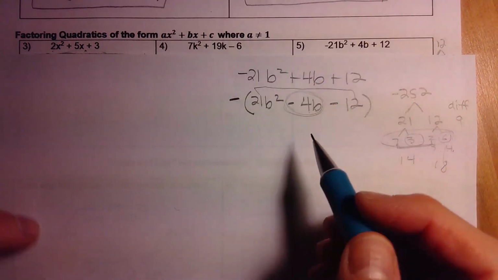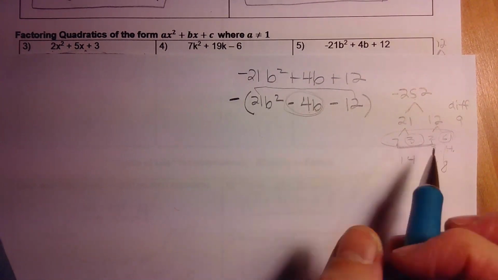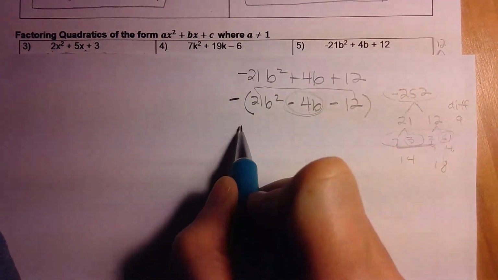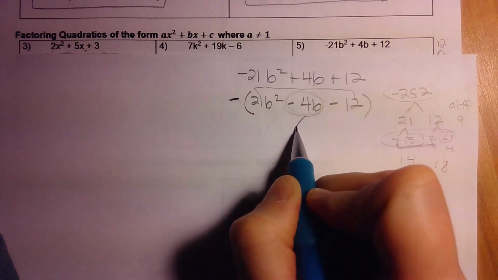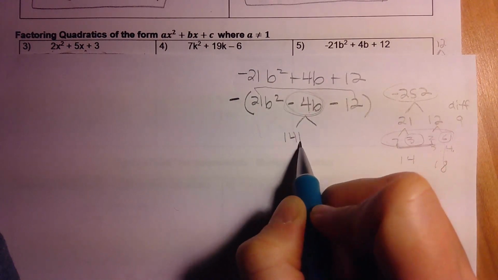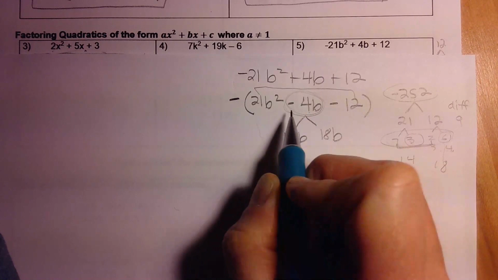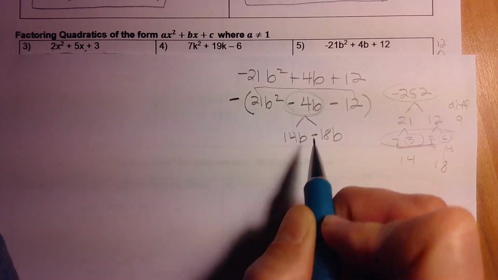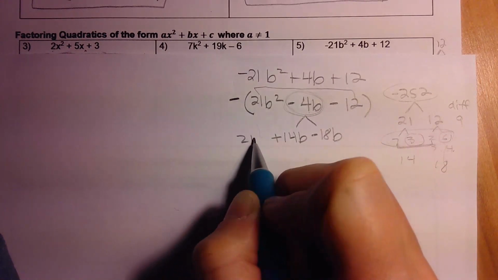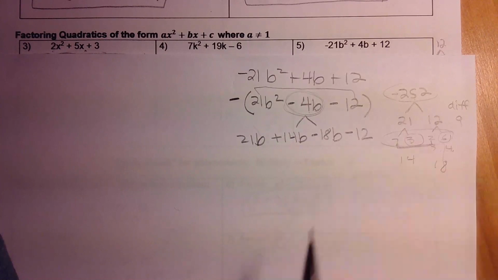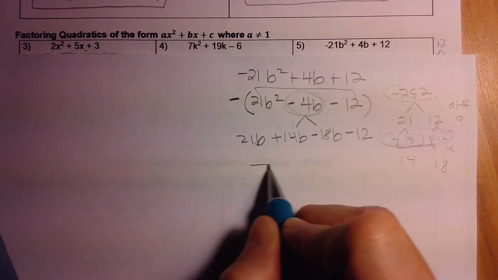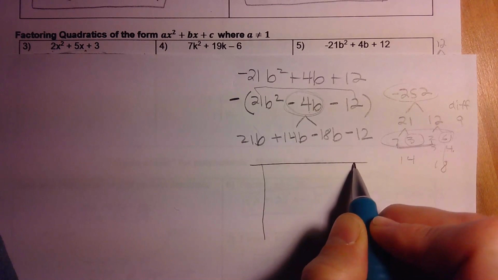So the box method is not totally friendly when you get very big numbers here, but it's still a method that you could sit around and try to figure out. Okay, so 14b and 18b. And if I want a negative 4, I'm going to make that negative and this positive. Okay, so once you do that, that is to me kind of the hard part.